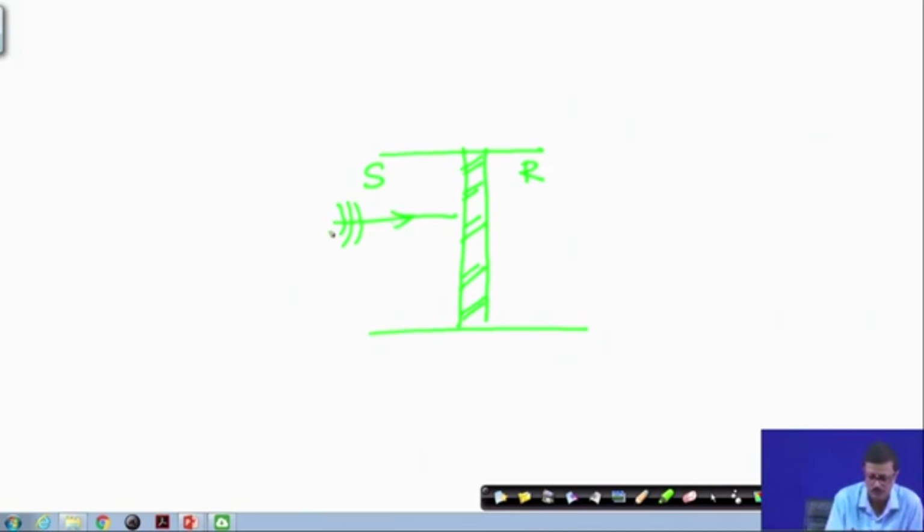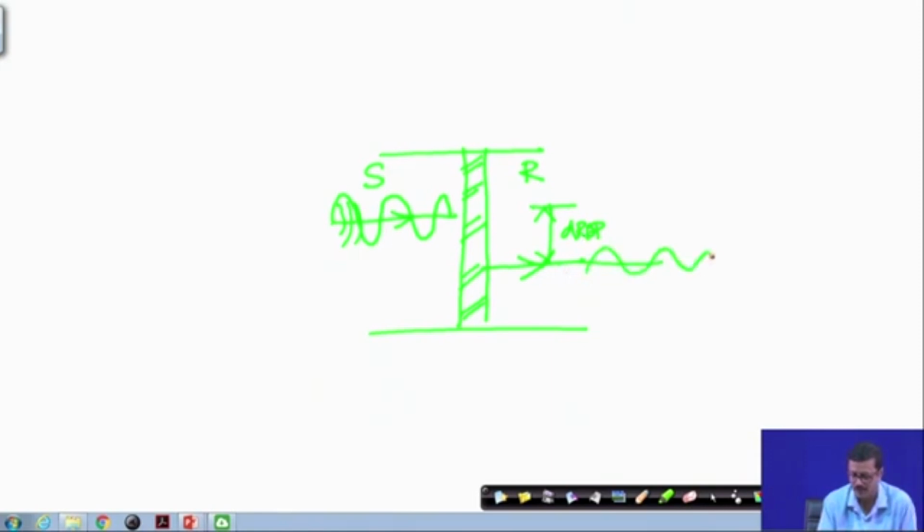And when we see the propagation of the sound, when it travels by transmission through this particular partition wall, the sound level will drop, and the propagation of sound, or the amplitude of the sound, will be a little low.